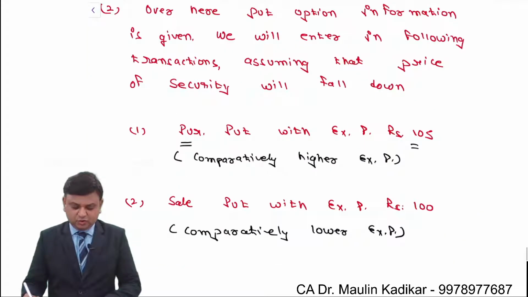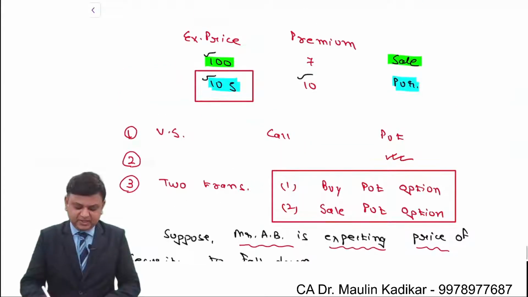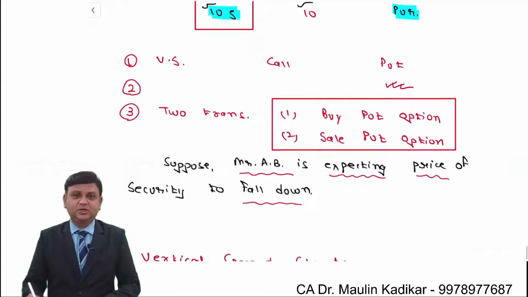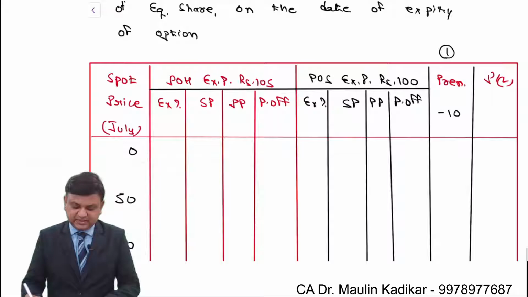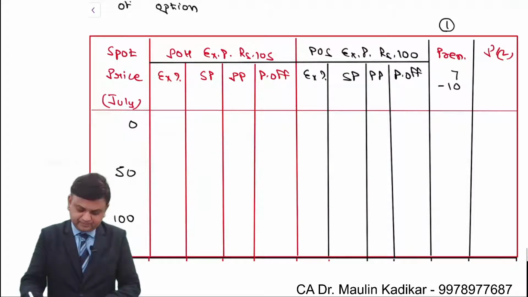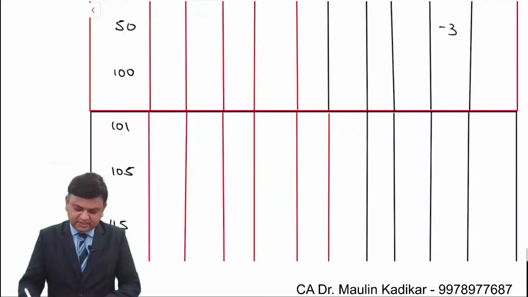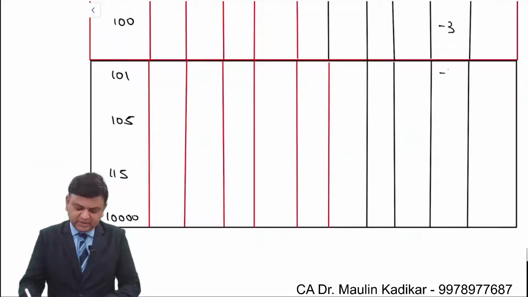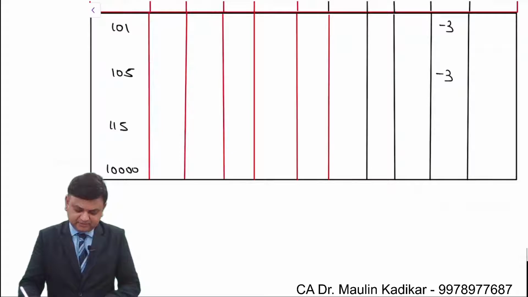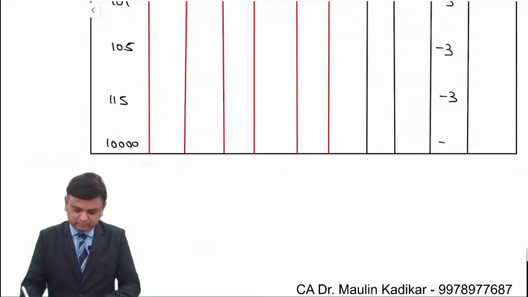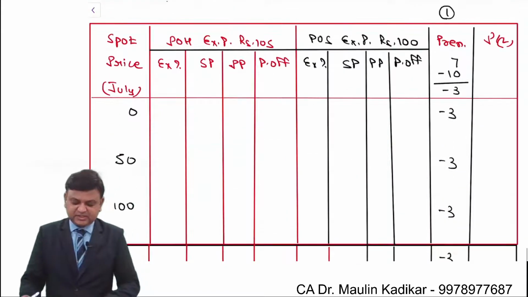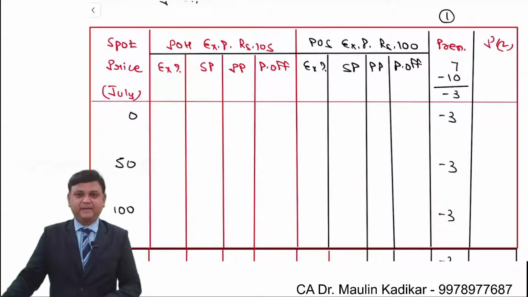And you have sold a put option having a comparatively lower exercise price, so you will get less premium, that is an amount of rupees 7. So there is a loss, in a way that there is a net payment of premium of rupees 3. So the 3 rupees of premium payment we have to show for each of the spot prices of the equity share. This is step number 1.